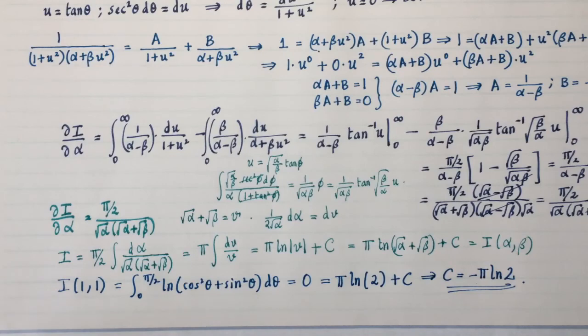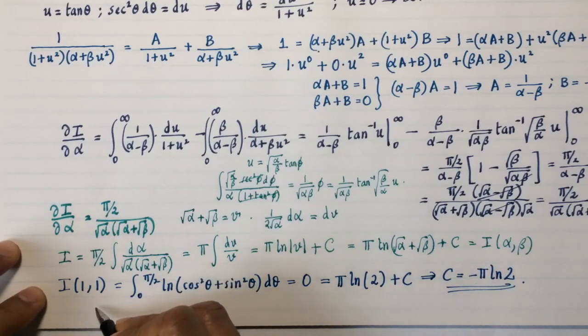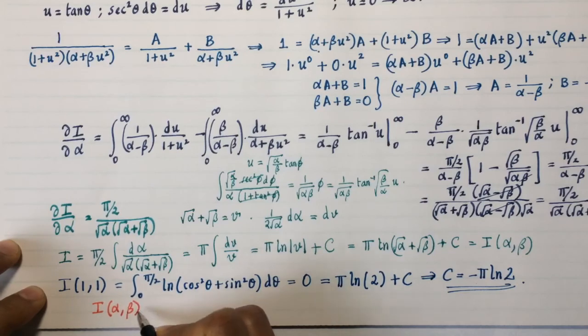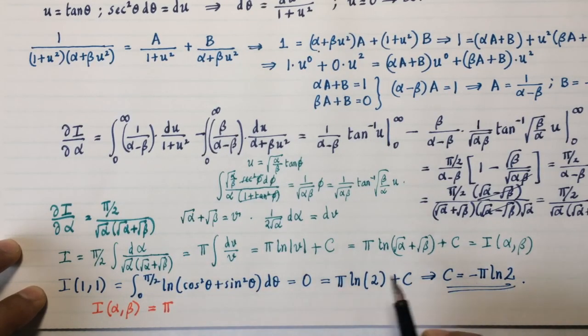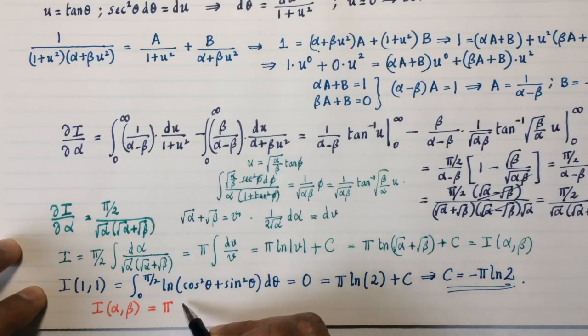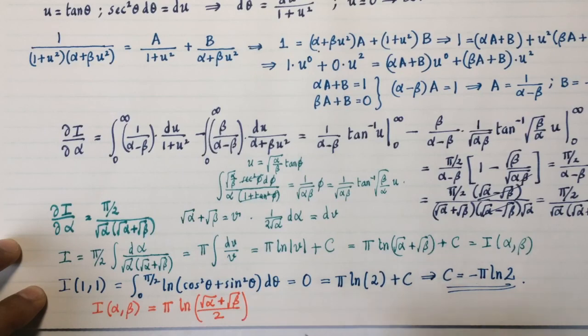The last step is to figure out what I of alpha beta is, our initial alpha beta values. So that's going to be pi times natural log of root alpha plus root beta minus pi times natural log of 2 for the constant c. So I can write this as pi times natural log of root alpha plus root beta divided by 2 using the property of natural logarithms.